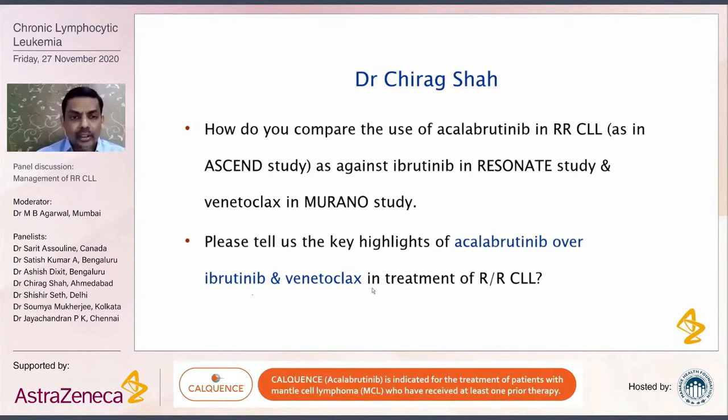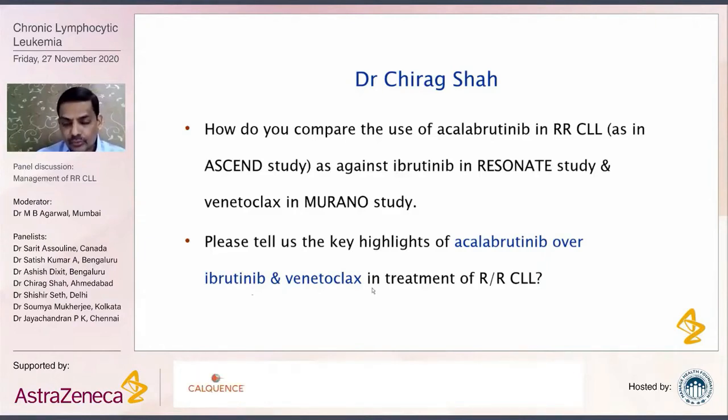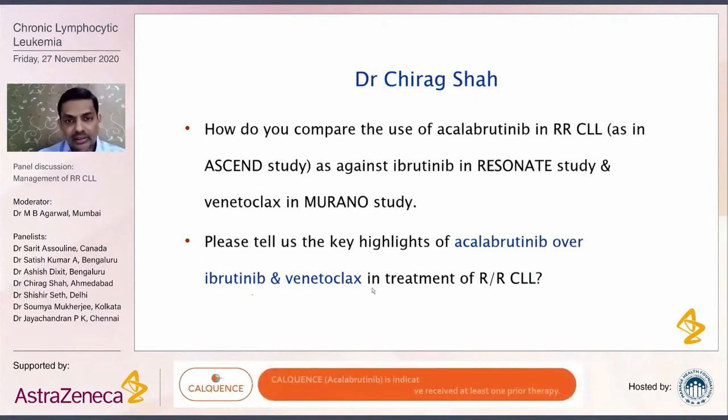Now comparing the Murano study, the venetoclax plus rituximab, the main advantage has been the fixed duration therapy. Other than that, when I first read about the trial, I was concerned that the TLS would be a very big thing. But in the Murano study, the TLS rate is 3%.